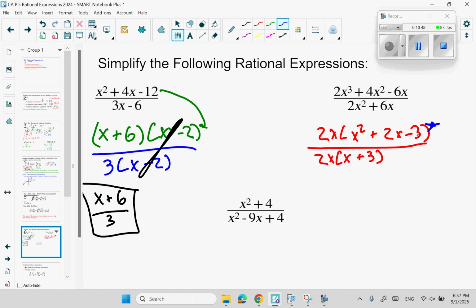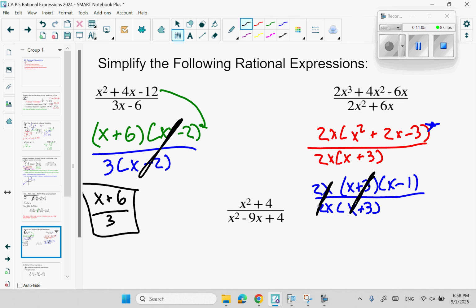What multiplies to negative 3 that adds to positive 2? That would be x plus 3 and x minus 1. I still have the 2x up top, all over 2x, x plus 3. And here we get a double cross off, so all I'm left with is x minus 1 for that simplification.